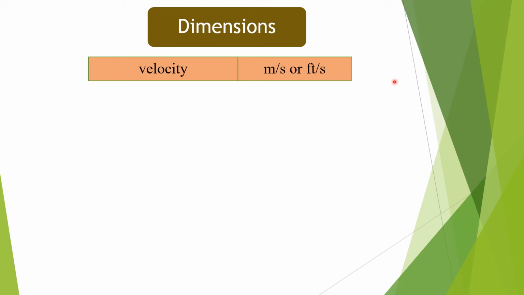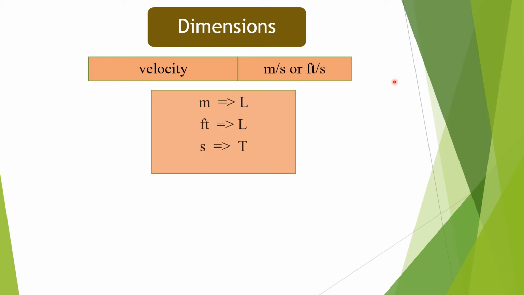When we talk in terms of dimensions, whatever quantity is measured in length or distance is represented by capital L. It doesn't matter whether you choose meter or feet, both are represented by capital L, and for time, second, we write capital T.